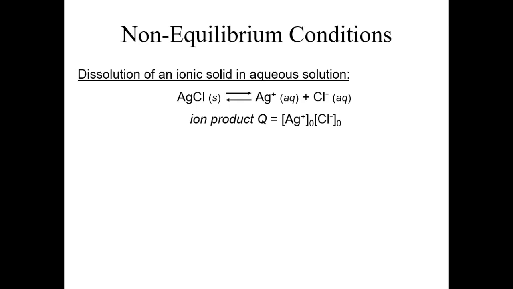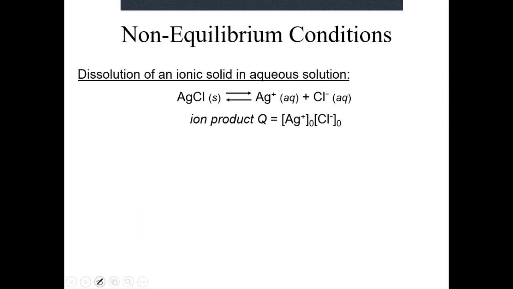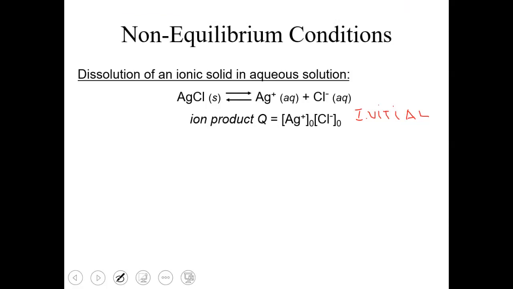Let's call them the initial conditions, right? So just like we did when we were studying the reaction quotient in equilibrium situations, this value of Q could be different from KSP. In other words, it's the same formula, but these are not necessarily the equilibrium concentrations.